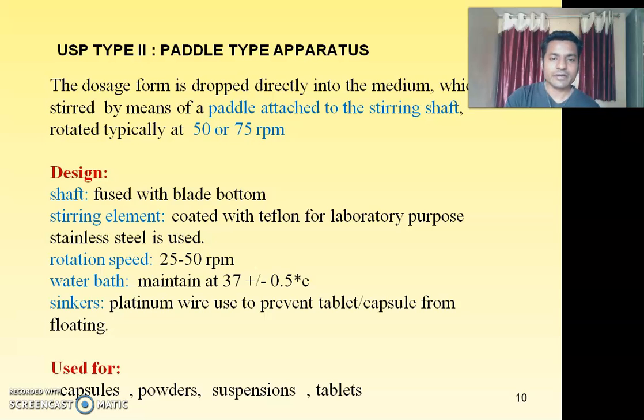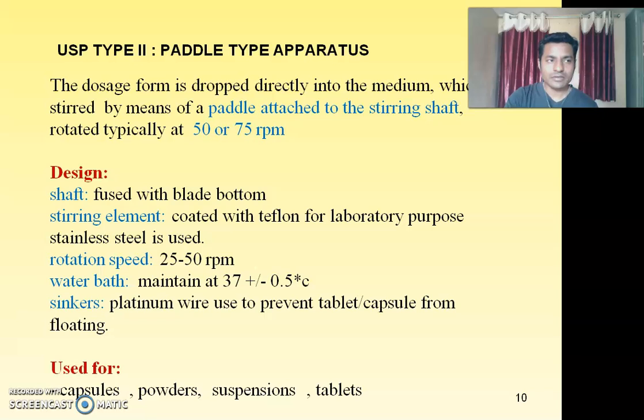The stirring element is coated with Teflon; for laboratory purposes, mostly stainless steel is used. The rotation speed is about 25 to 50 rpm. The temperature of the water bath is maintained at 37 plus or minus 0.5 degrees Celsius.